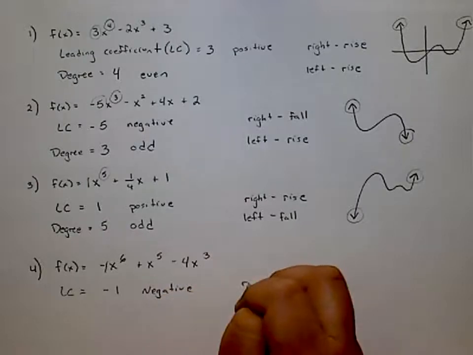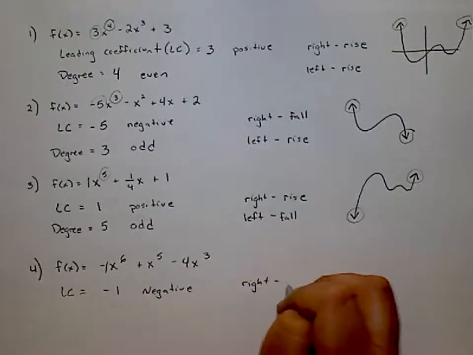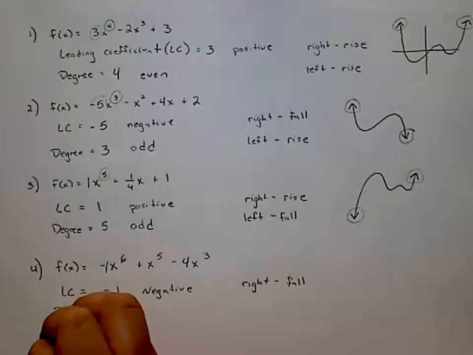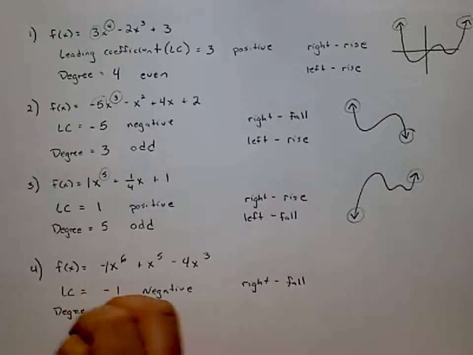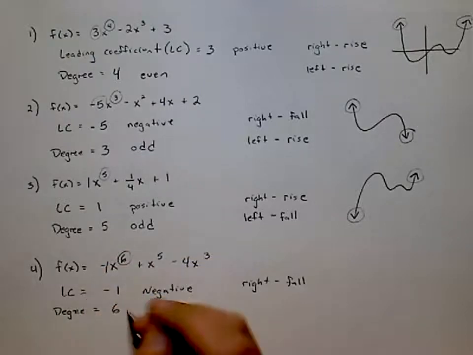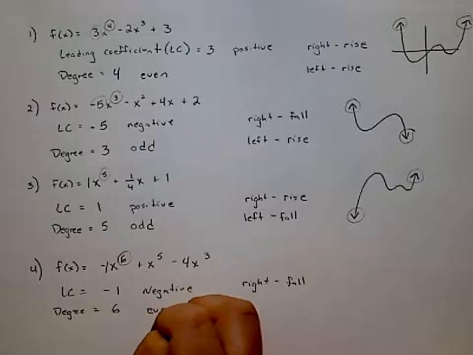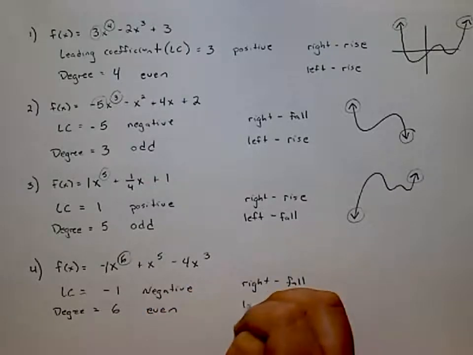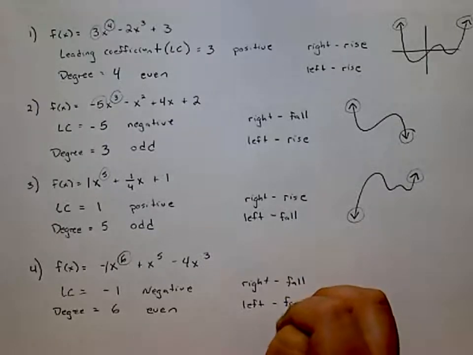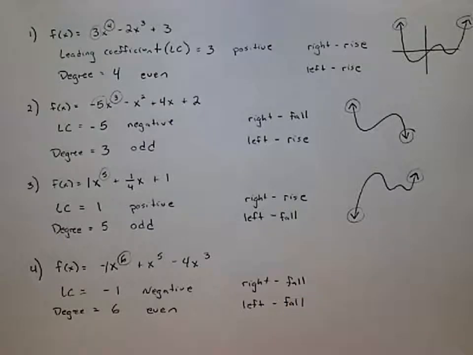That means that our right side falls. And then the degree of this polynomial is 6, and 6 is an even number. So that means that the left side is going to do the same thing as the right side. So the left side is going to fall.